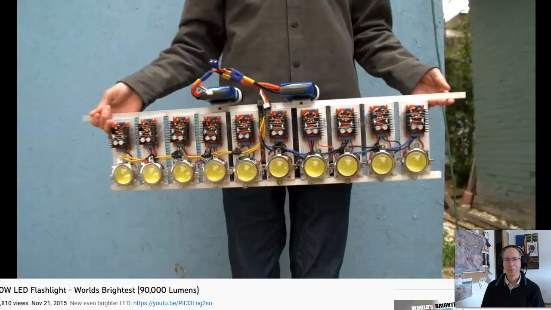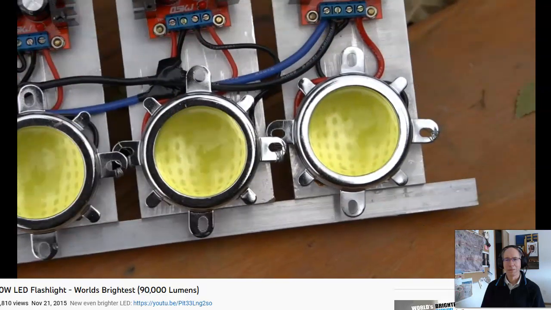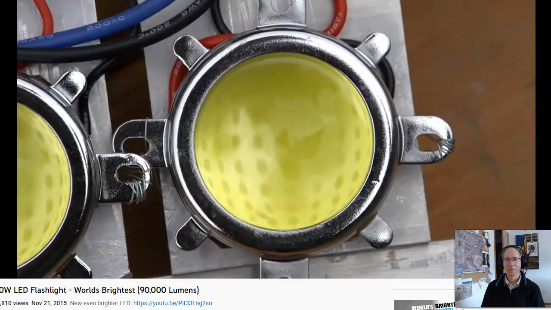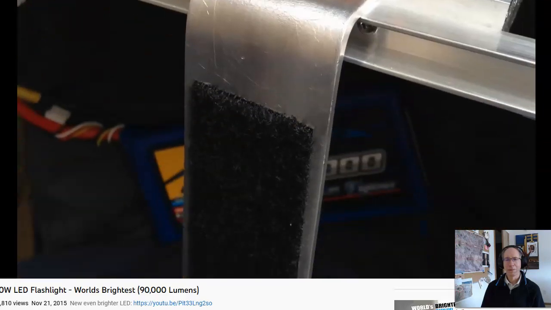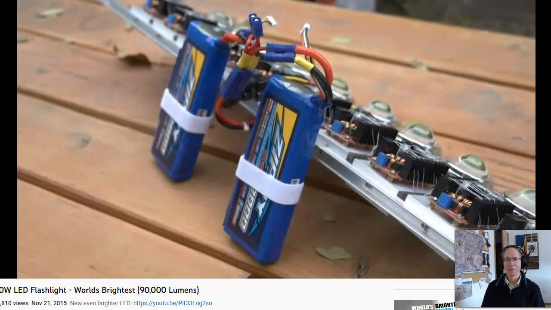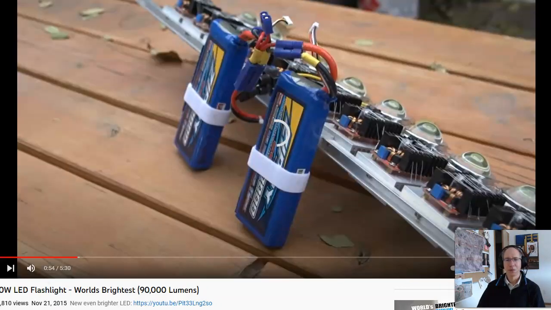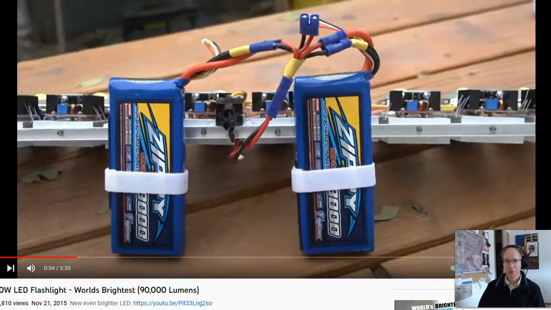This also acts as a handle. Each LED has its own glass lens to make the beam width roughly 60 degrees. I attached some bent aluminum bars to hold 2 8 amp hour 3S LiPo batteries running in parallel. This gives the light about 10 minutes of runtime.